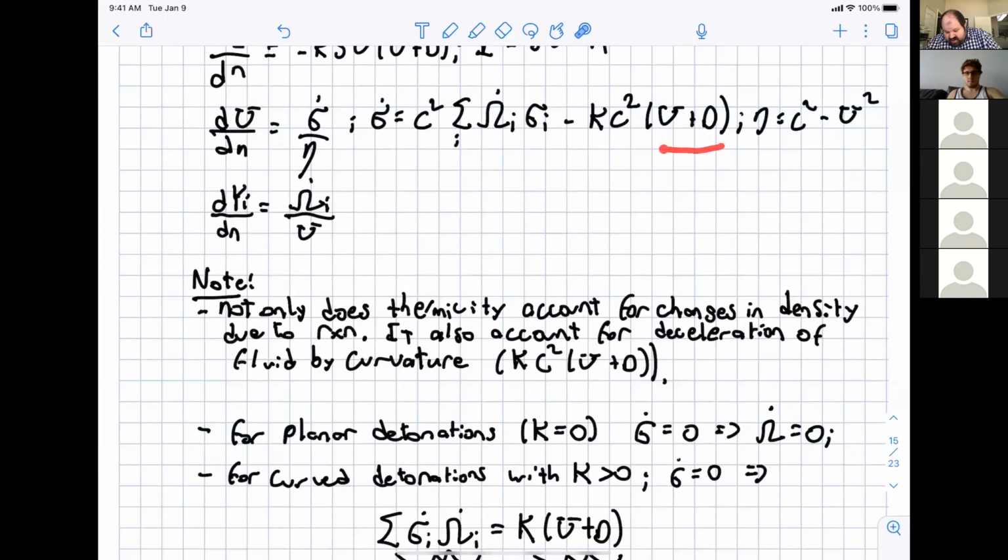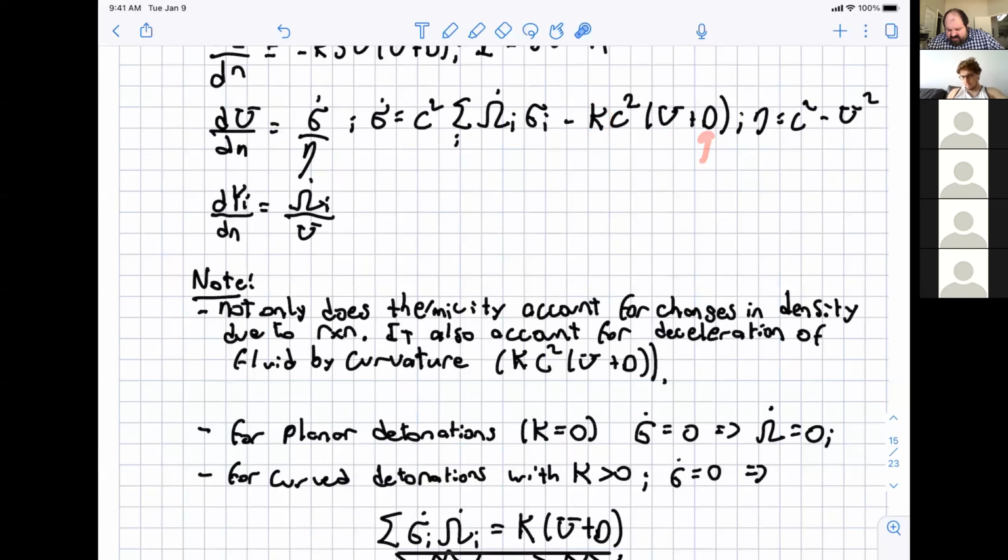It's just that what makes sigma dot 0 is different now. We have this extra term here that is induced by the curvature. This term can never be 0 unless kappa is 0, because the speed of sound is never 0, and the flow velocity behind the shock wave is never 0. If U is 0, that means there's no detonation, and the solution becomes trivial.